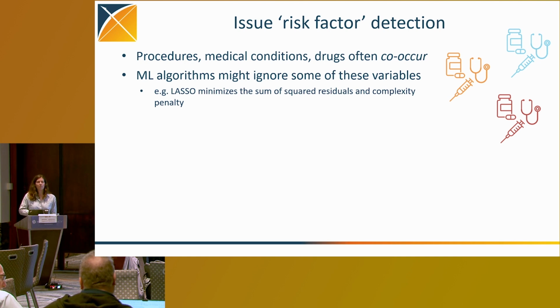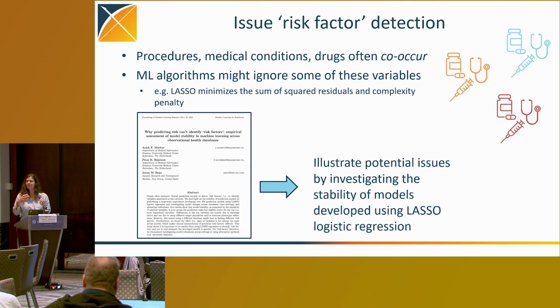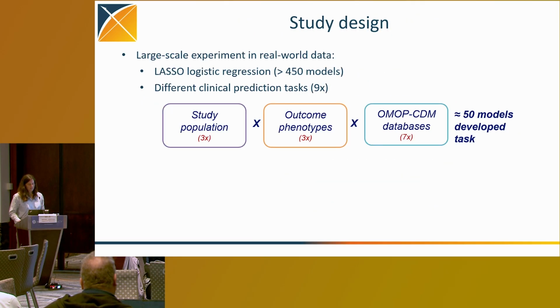For example, if you're trying to predict the risk of an asthma exacerbation, you might use some kind of procedure indicating more severe asthma symptoms, or you might use medication that was prescribed for severity of asthma symptoms. So there might be different variables in your data that can be used by this model to get a high prediction. The machine learning algorithms just minimize the error. They just minimize the sum of squared residuals.